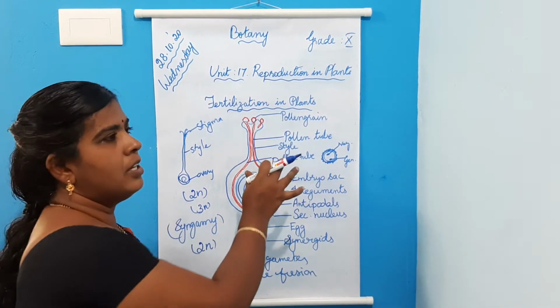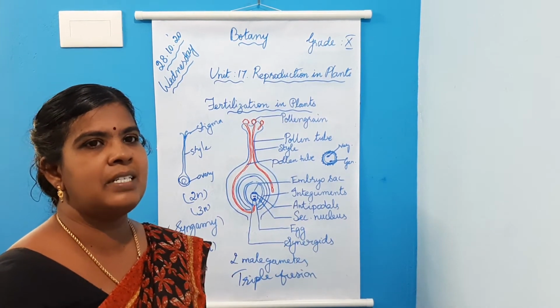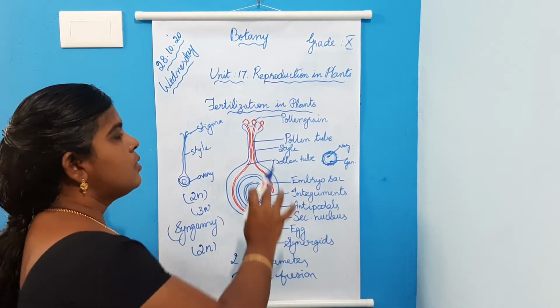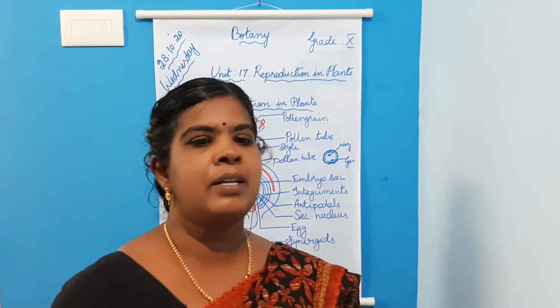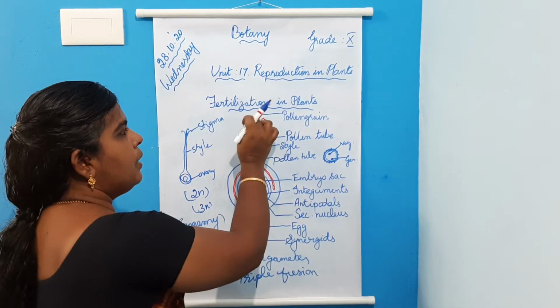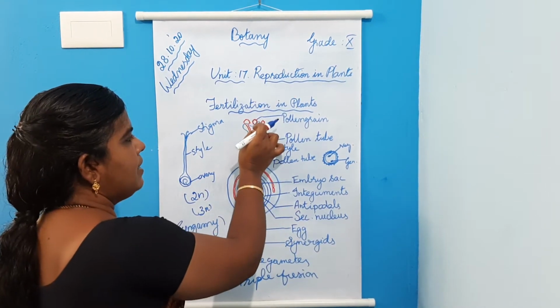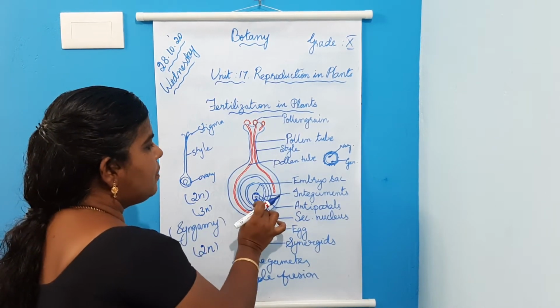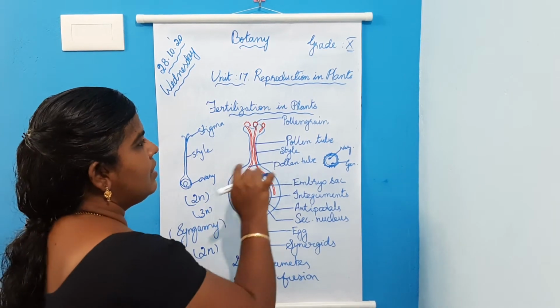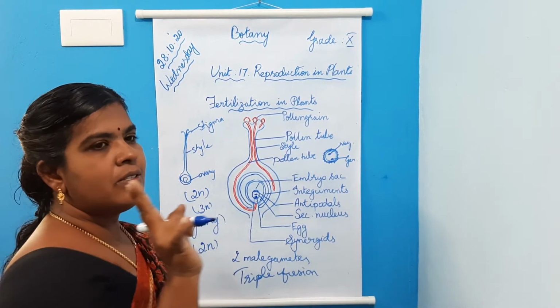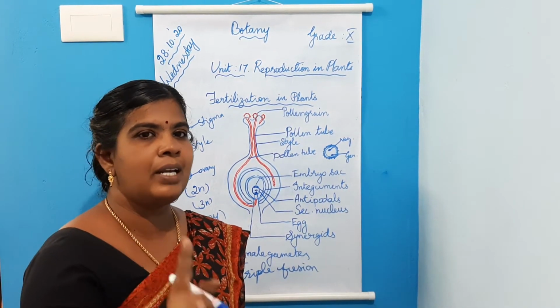Listen. The fusion of male and female gametes is fertilization. At the time of fertilization, what will happen? The pollen grain reaches the right stigma, starts to germinate and forms a long pollen tube. The pollen grain contains two cells, vegetative and generative.